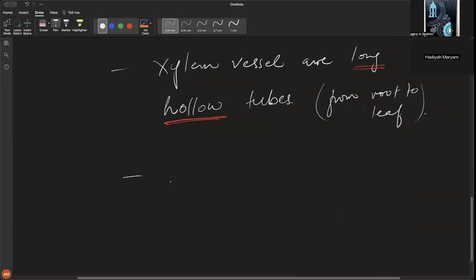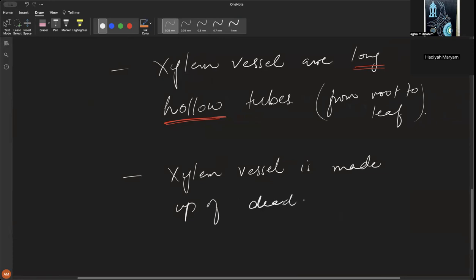Now, the xylem vessel is made up of dead cells.